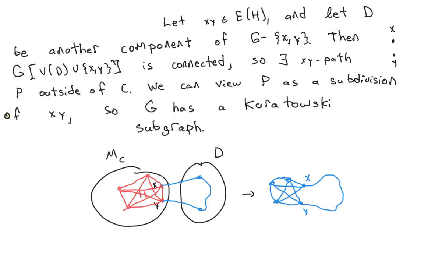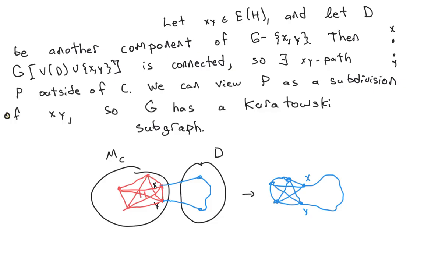Because this other component is connected, there has to be a path between them. And now I have this blue path between x and y that doesn't involve any of the vertices in the first component. So the point is, if I replace this red edge with this subdivision multiple times, I get this blue path.